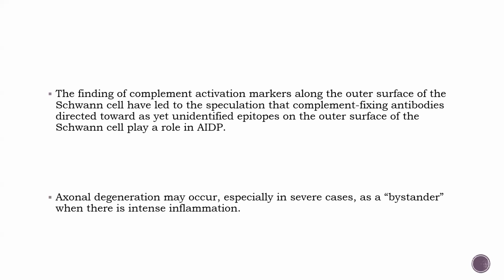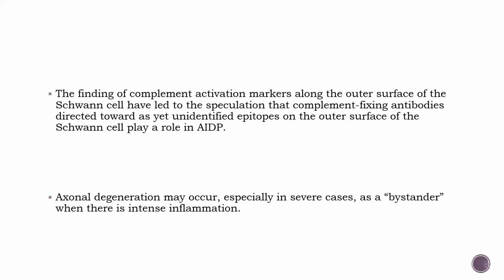The finding of complement activation markers along the outer surface of the Schwann cell has led to speculation that complement-fixing antibodies directed towards as yet unidentified epitopes on the outer surface of the Schwann cell play a role in AIDP.